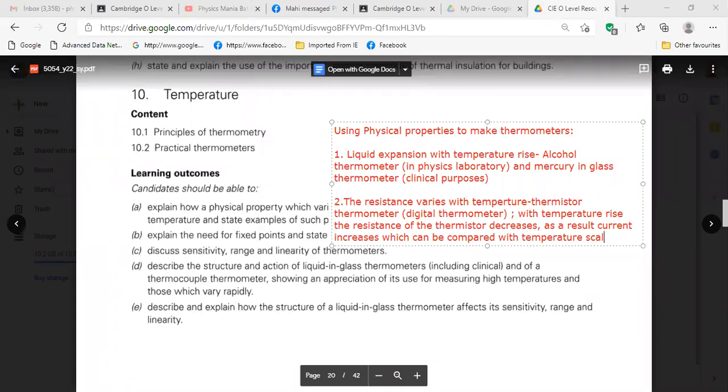Compared, better to write linked: which can be linked with the temperature scale. Okay, this current, whatever is increasing, the current reading we are getting, can also be linked with the temperature rise, what reading we are seeing in the digital thermometer.